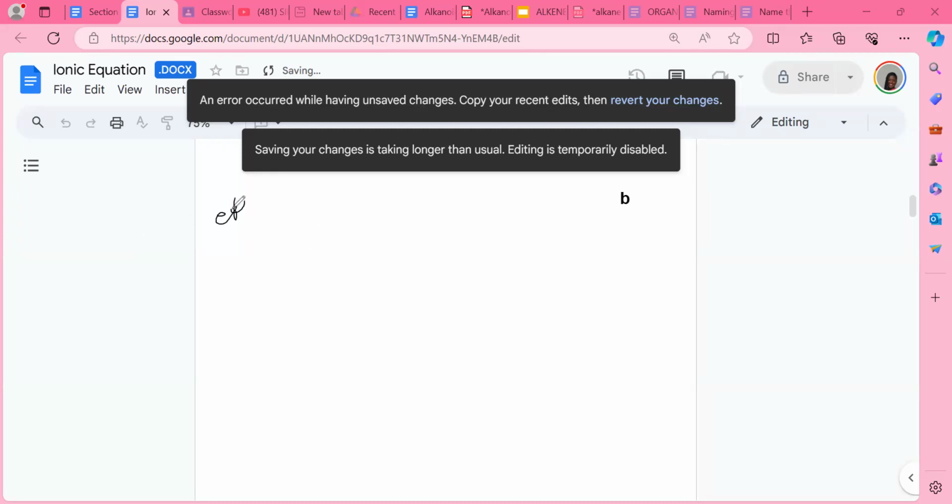So the first ester I want to draw is propyl propanoate. The propanoate comes from which part, the acid or the alcohol? Propanoate comes from propanoic acid, so I'm going to draw that. Propanoic acid has 3 carbons.